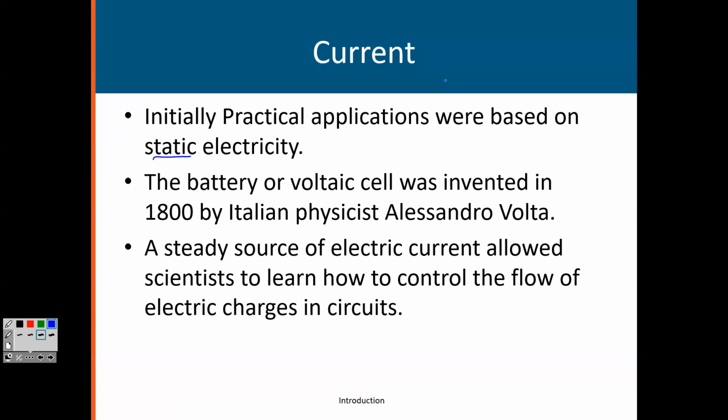But then came the invention of the battery, around 1800, by a physicist called Alessandro Volta. That's why the unit for measuring voltage is the volt, after this physicist, Alessandro Volta.